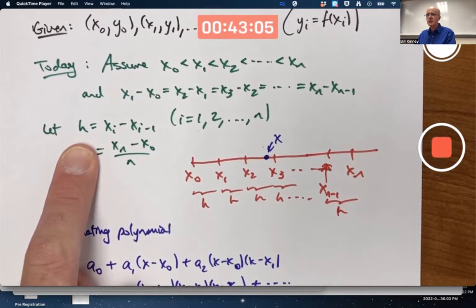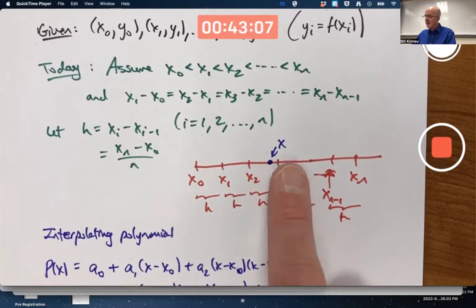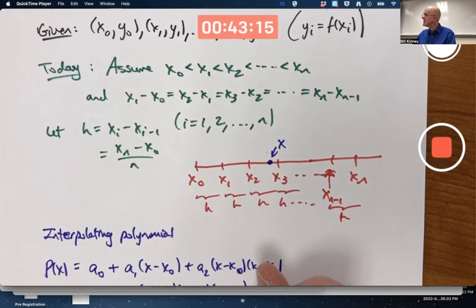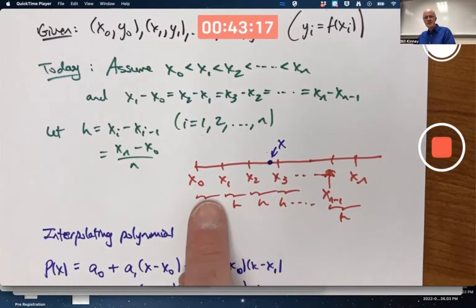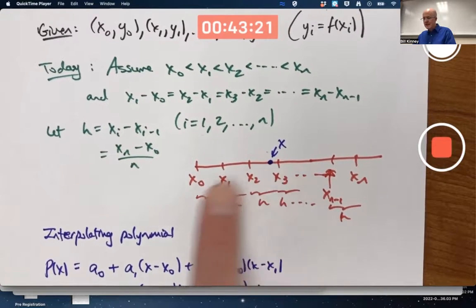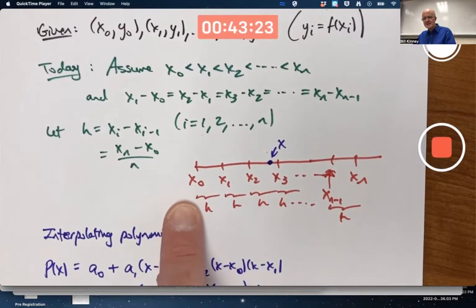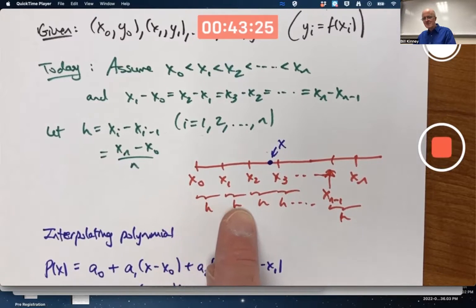Before we do that, though, we should realize x can be written in terms of, for example, x0 and h. Think about it here. With this particular drawing, x is going to be x0 plus maybe about 2.8 times h. Doesn't that look right?